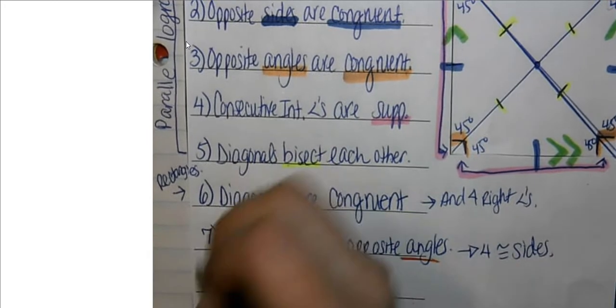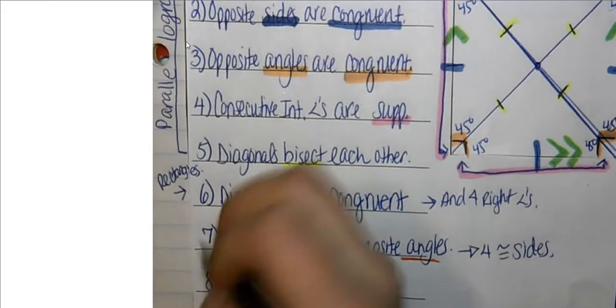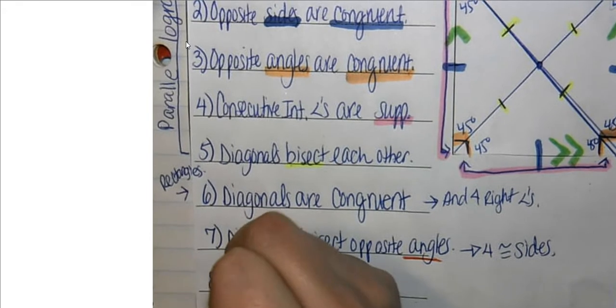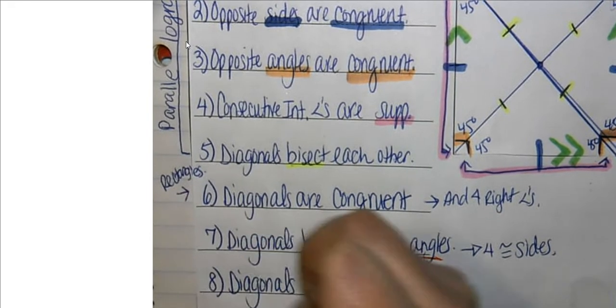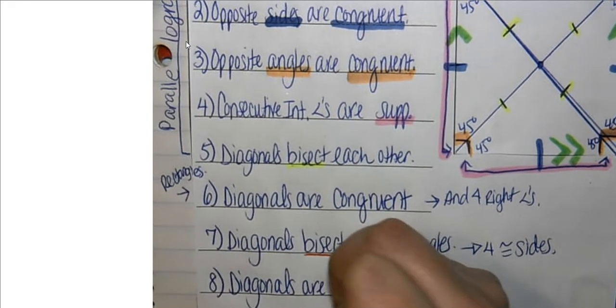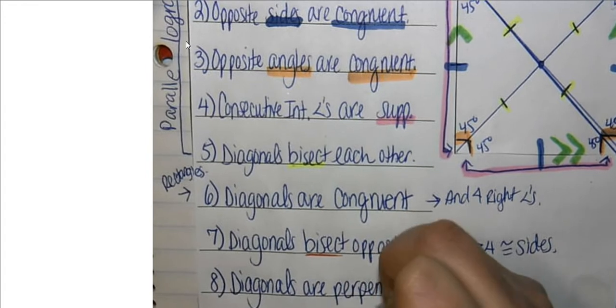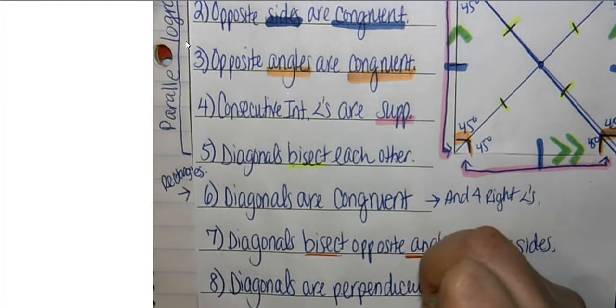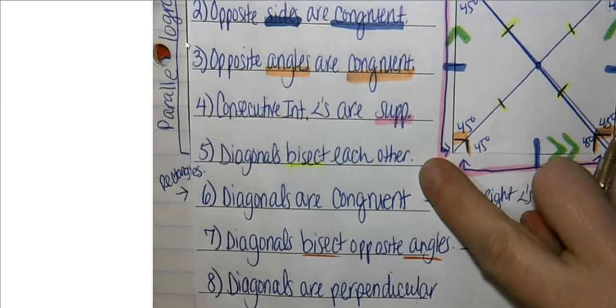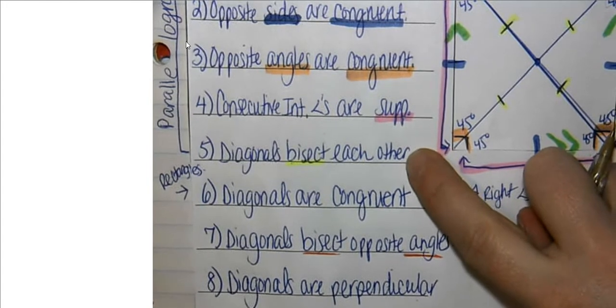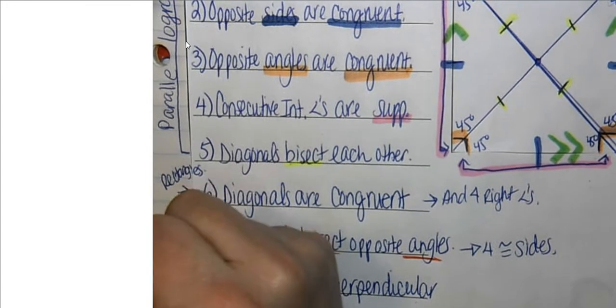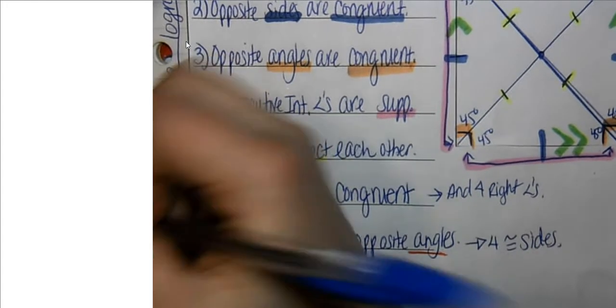But our last one is that the diagonals are perpendicular. So not only do the diagonals bisect each other, that came from parallelograms, but these couple extra came from rhombuses.